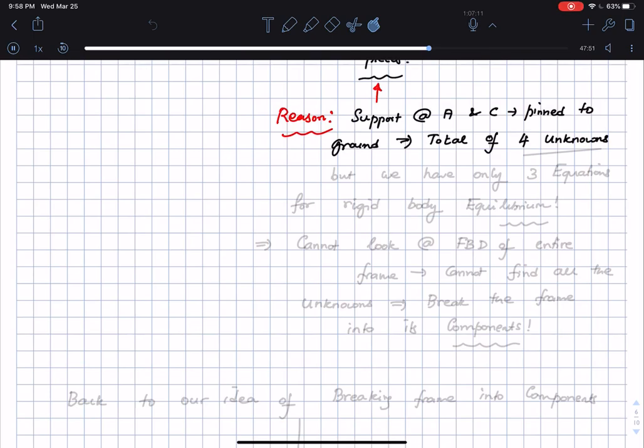That is, I have AX, I have AY, I have CX, I have CY. Okay, but we have only 3 equations for rigid body equilibrium.